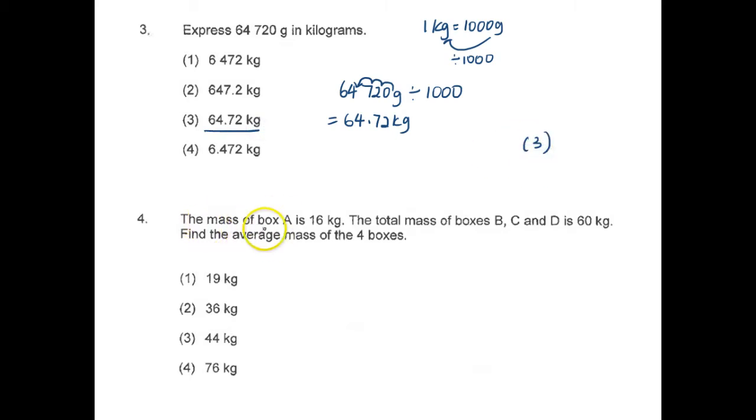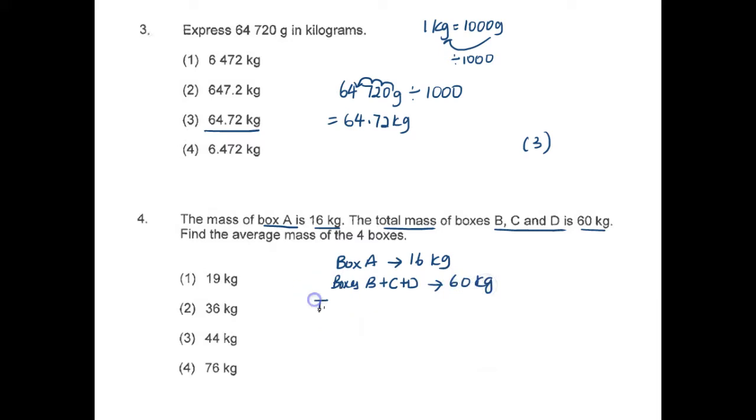Question 4. The mass of box A is 16 kilogram. The total mass of box B, C and D is 60 kilogram. So I know box A is 16 kilogram. The mass of boxes B plus C plus D is 60 kilogram.